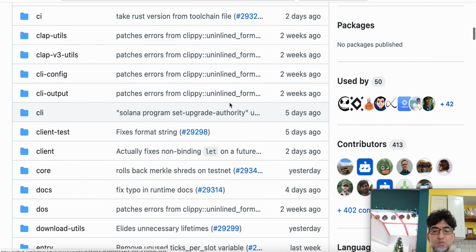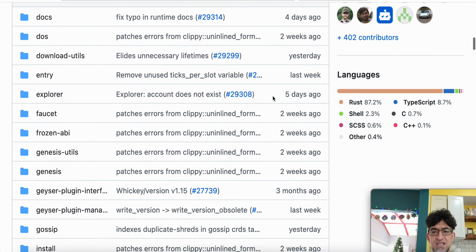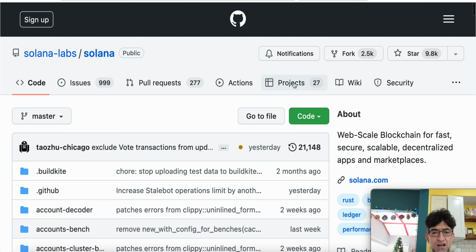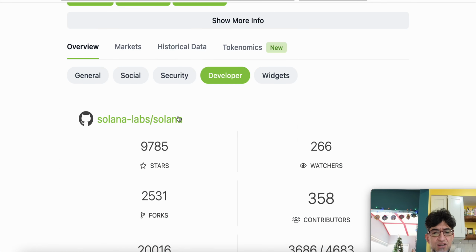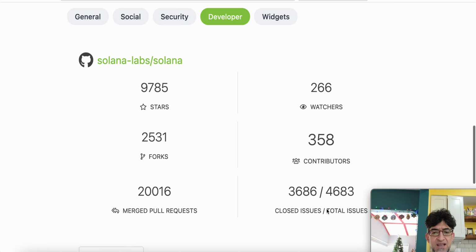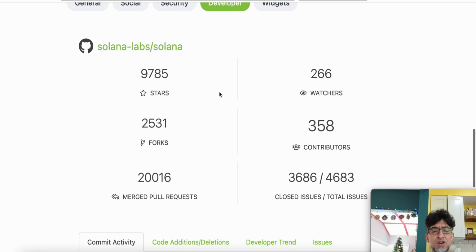It makes sense with what we're seeing. Contributors are 413, and there's some other data. I'm trying to see. Pull requests are 277, 999 issues, and then if you go back to CoinGecko, you can see the contributor count is somewhat close, and then you could kind of coincide this.